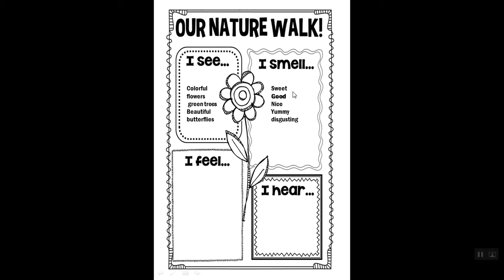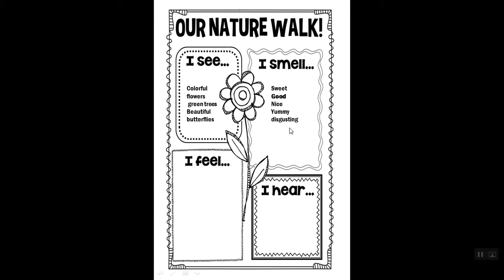I can smell something sweet, something that smells good, nice, yummy, or disgusting. Maybe the muddy pool of the turtle was smelling bad, of course. It's up to you. You have to imagine.